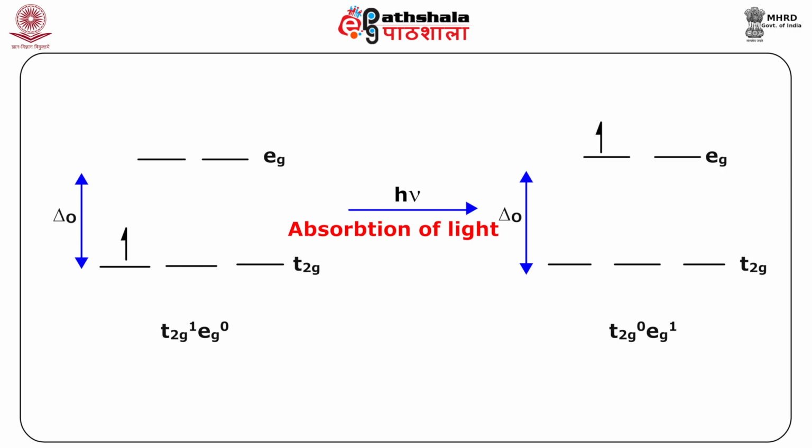When absorption of light occurs, the d electron lying in the lower t2g level gets promoted to the higher eg level, leading to a configurational change to t2g0 eg1. The absorption of light and the corresponding change is shown in the figure.